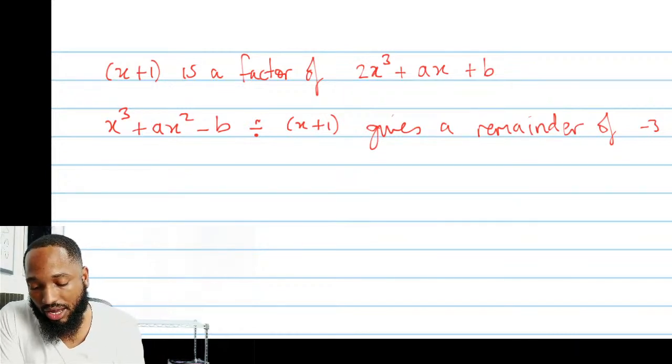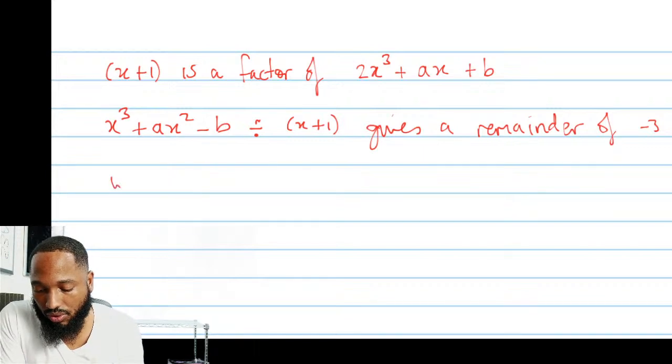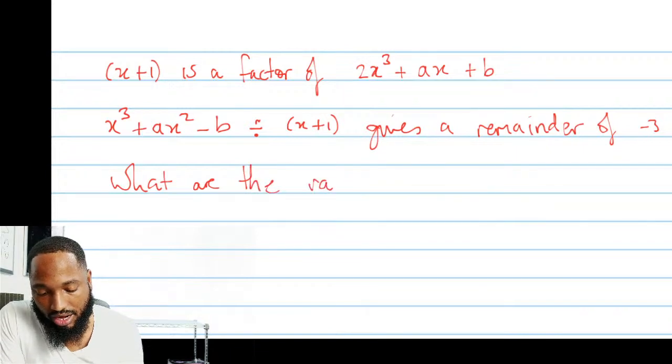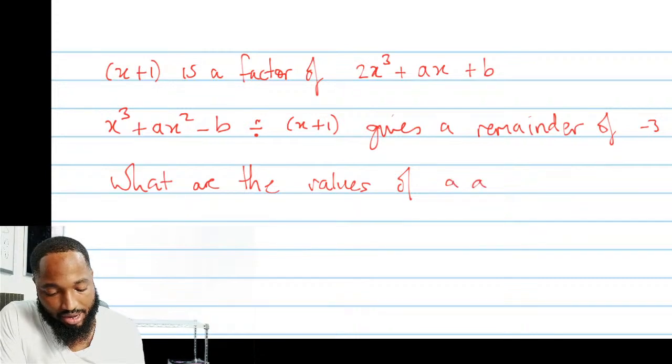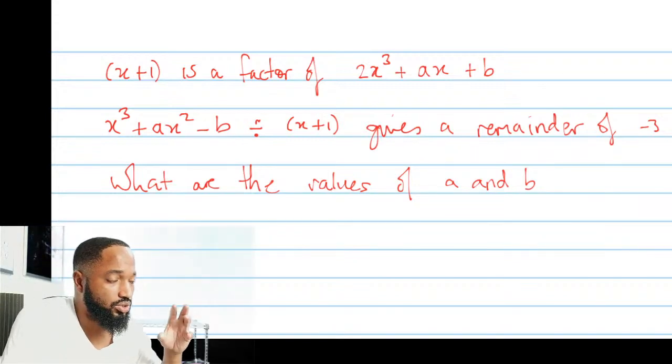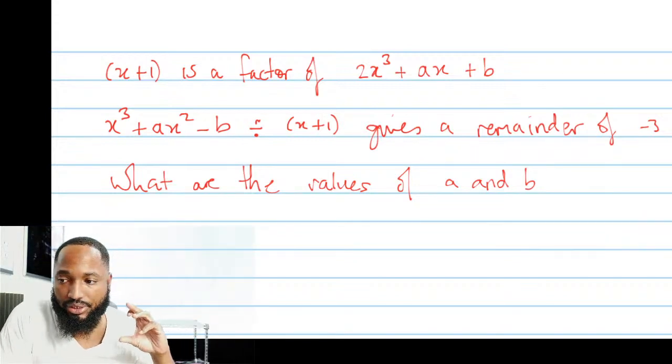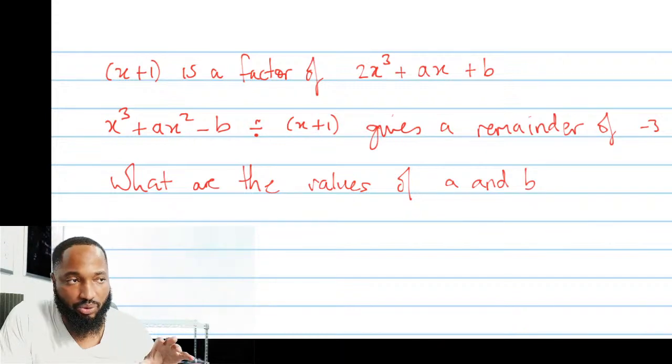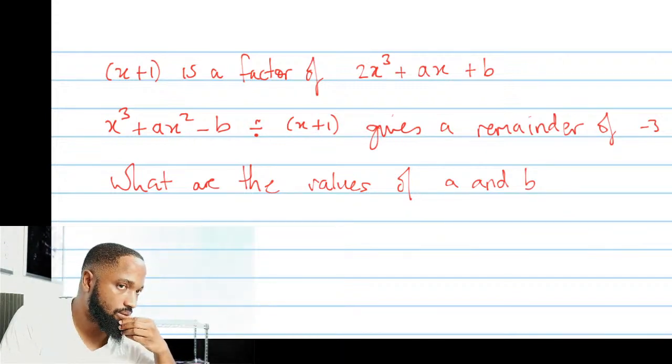So they'll ask you what are the values of a and b, and then they'll give you some choices. Write in the chat if you could do this question. I'll go through this question and I'll show you how to use the calculator to solve the simultaneous equation quickly in your exam.